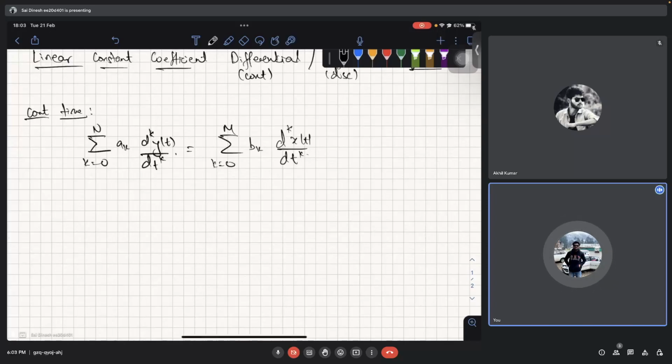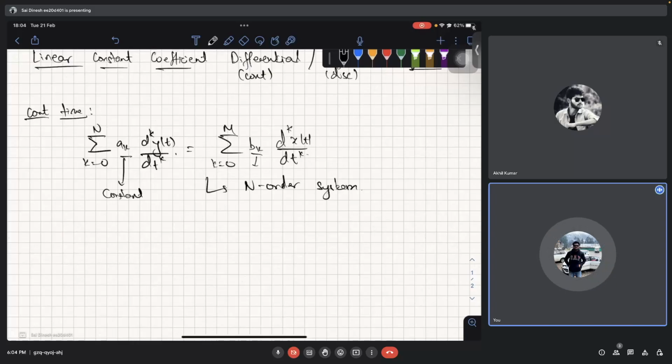So this is an nth order system in the form of a differential equation, and these coefficients are constants. This is why it's known as linear constant coefficient differential equations, right?